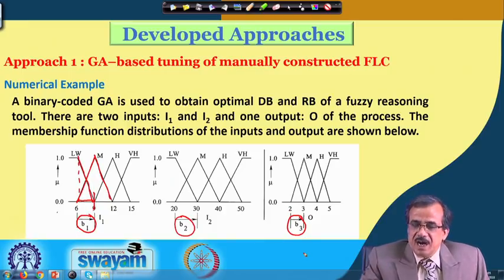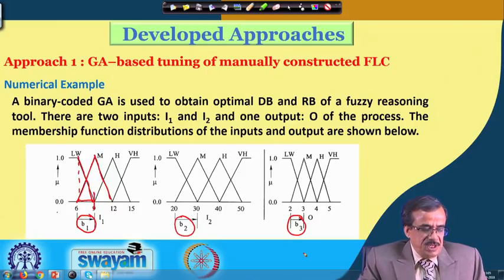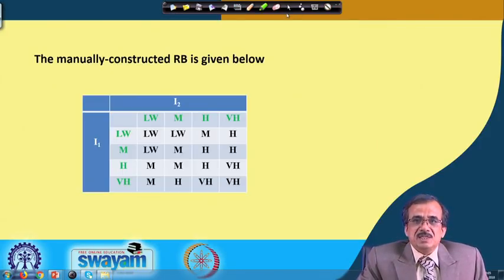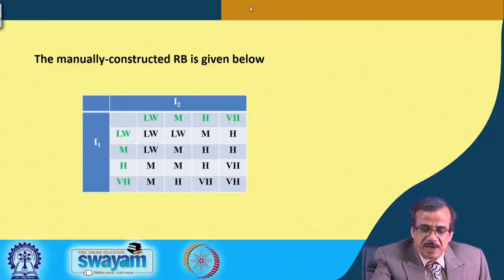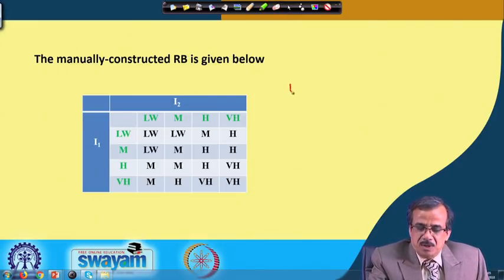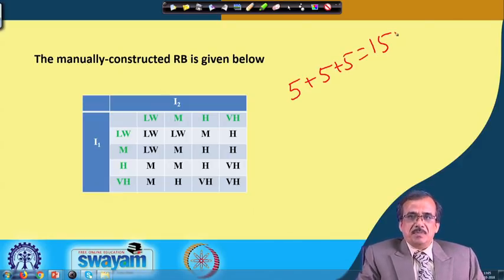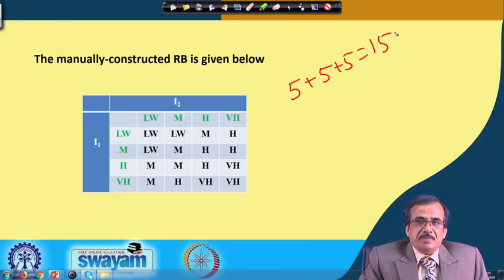Let me assume that I am assigning 5 bits to represent each of the variables B 1, B 2 and B 3. So, for 3 variables, we have 5 plus 5 plus 5, that is 15 bits to represent B 1, B 2 and B 3.